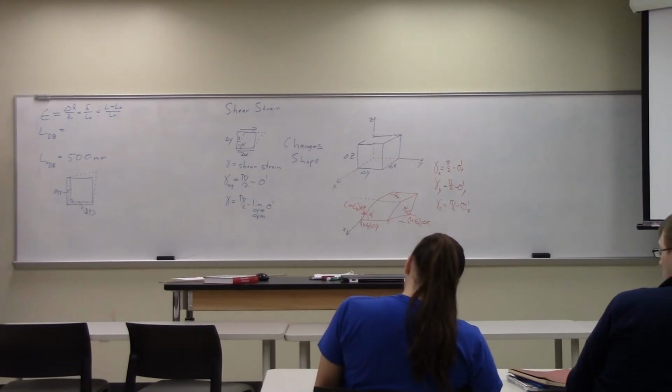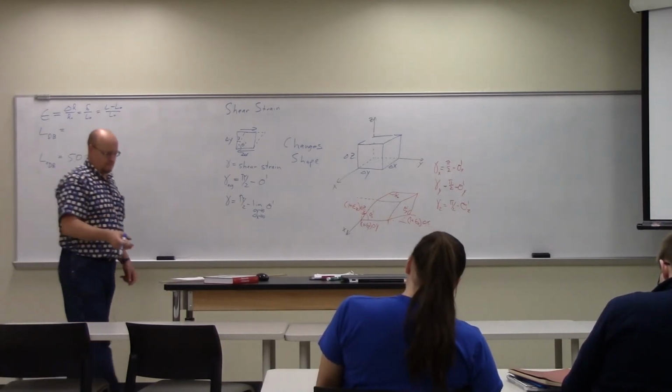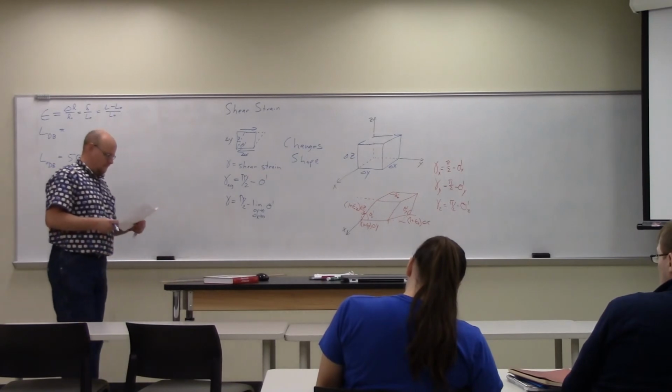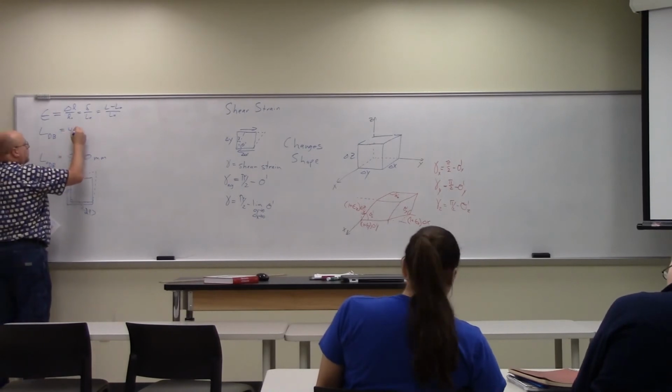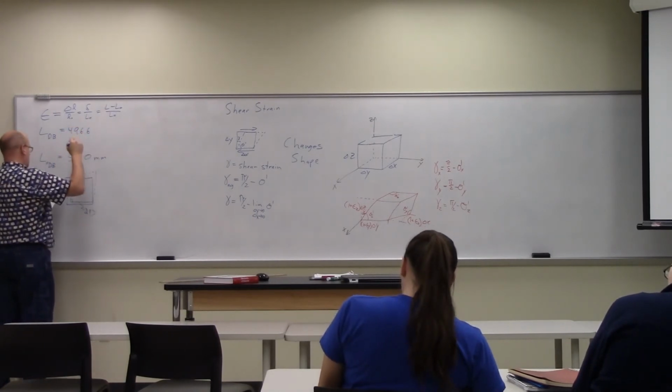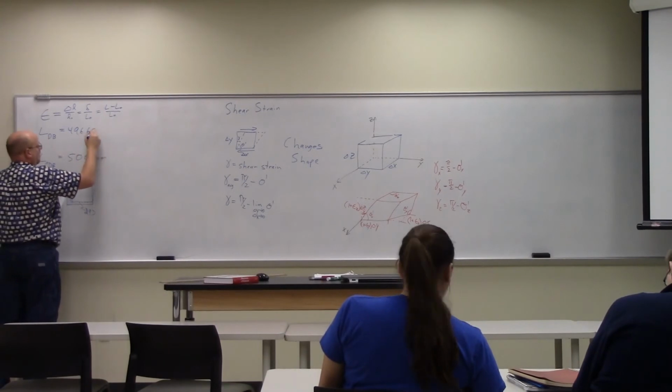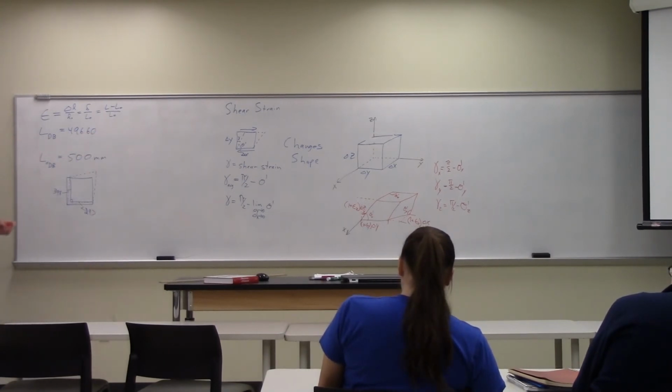So we get 496.6. 496.6, and probably you want to go one more, but it's 0. So you want to go at least 2 sig figs beyond the 3 that the system is going to ask for.